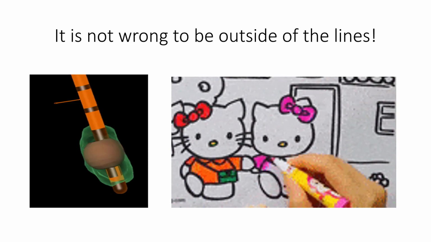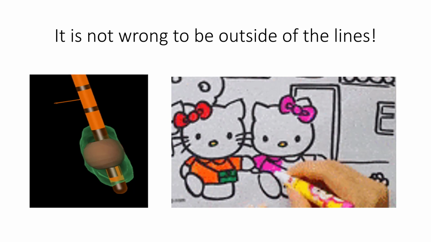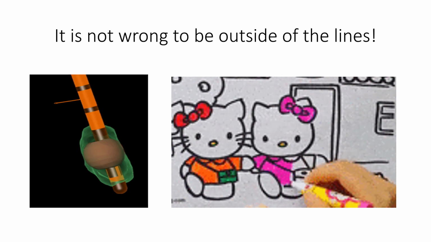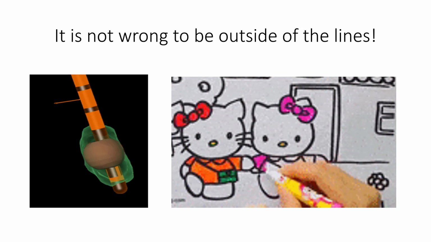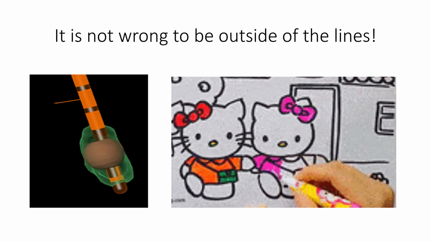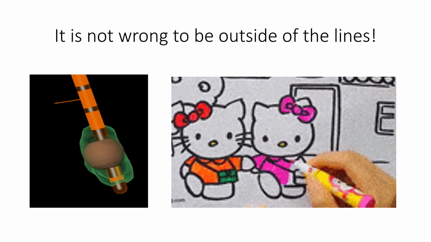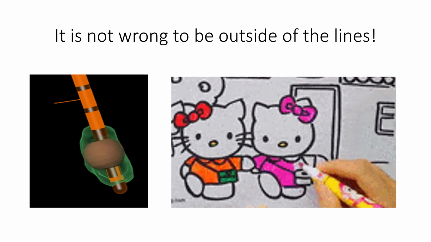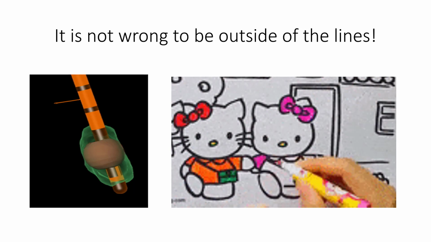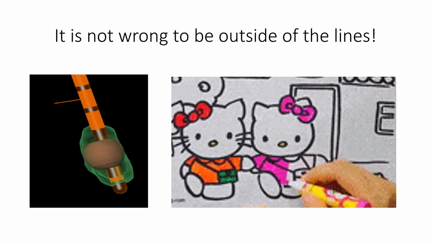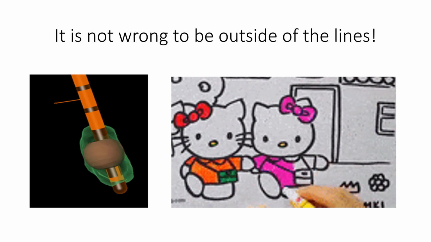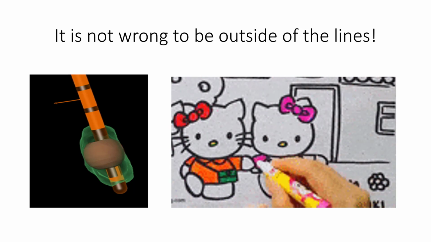But just to repeat, it is not wrong to stimulate outside the target structure. This is not a coloring book where you need to stay within the lines. The goal is not to place a maximal volume of stimulation within the lines delineating the target structure without crossing these in the visual program. The visual program is there to guide you, but the finer details are based on the stimulation response.